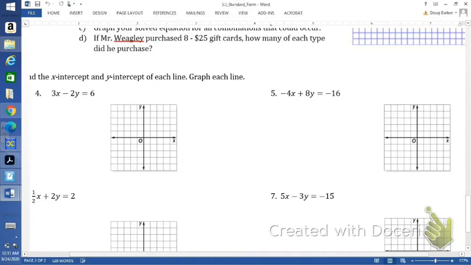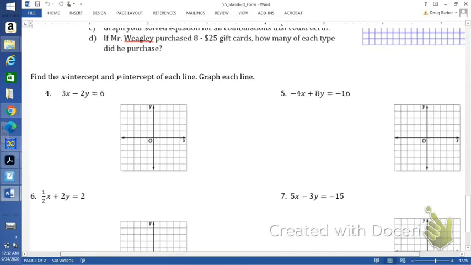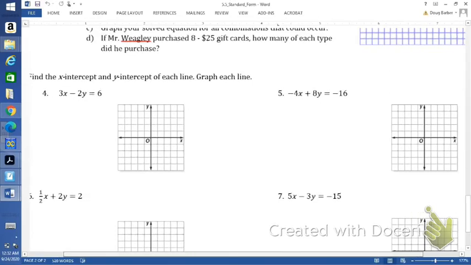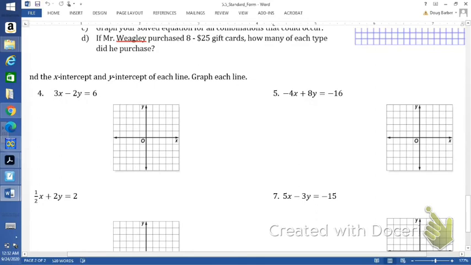Alright, for the next part here, we're going to find the x and y intercepts of each line and then graph it. To find the x-intercept for problem number 4, what do we have to do? We have to substitute in 0 for y and then solve.